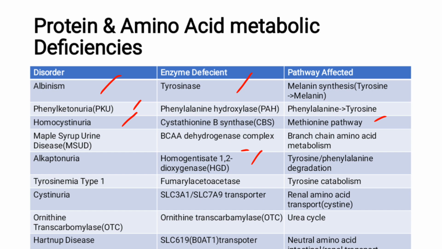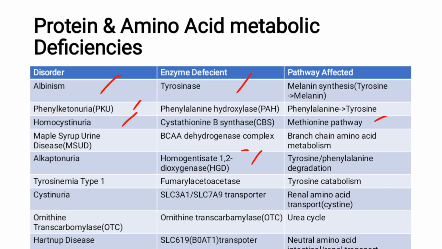Then we also have tyrosinemia type 1, and the enzyme deficiency is fumarylacetoacetate hydrolase, and the pathway affected is tyrosine catabolism. So we have cystinuria, and the enzyme deficiency is the SLC3A1 transporter, and the pathway affected is renal amino acid transport.